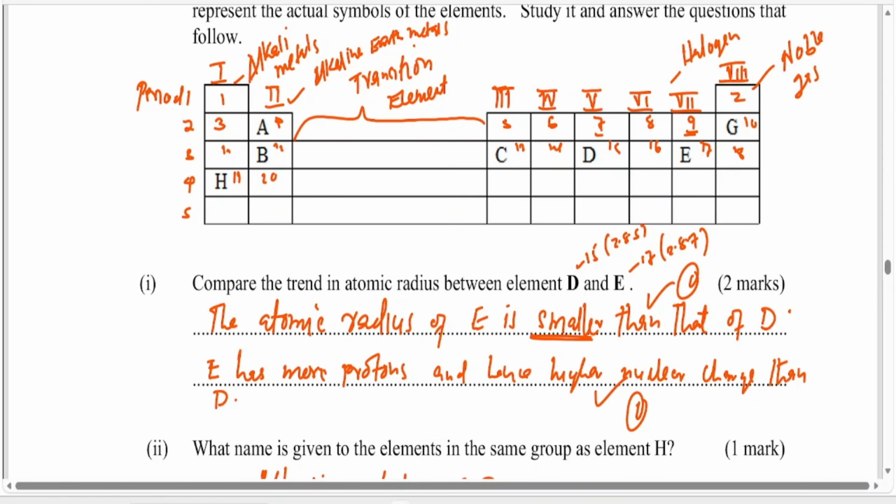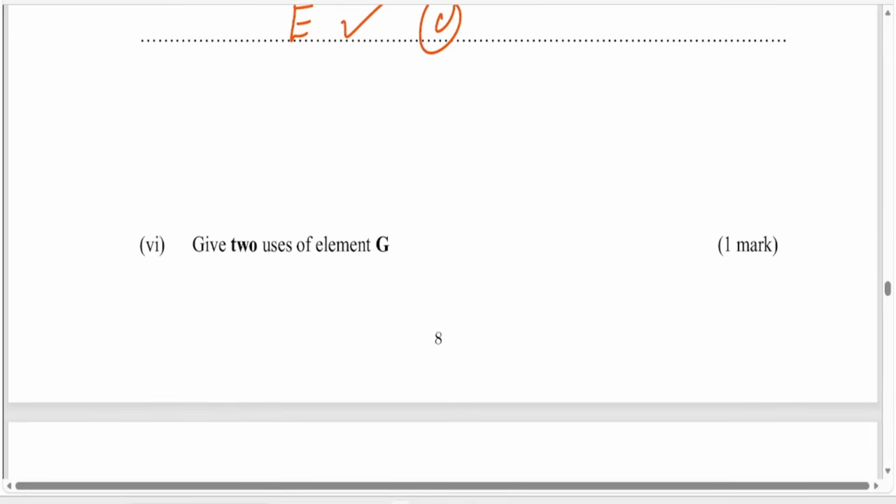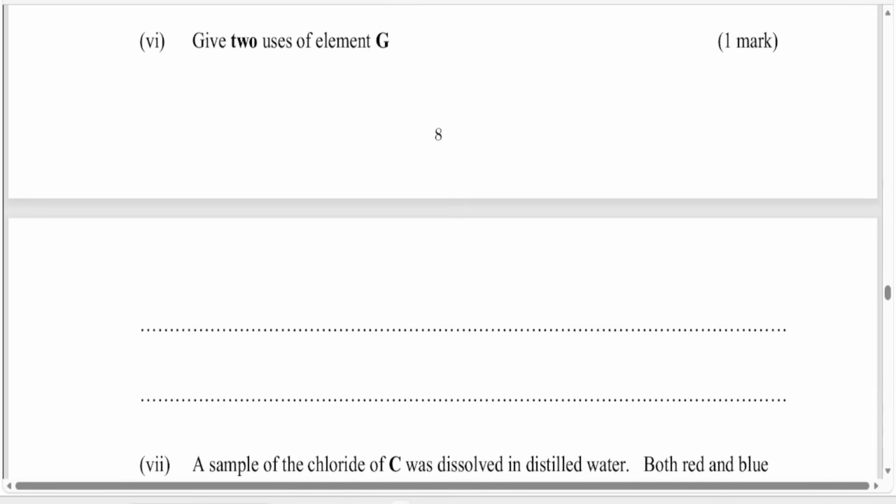So some of the uses of G, which is a noble gas, are in advertising signs. You can also say it is used in TV tubes.